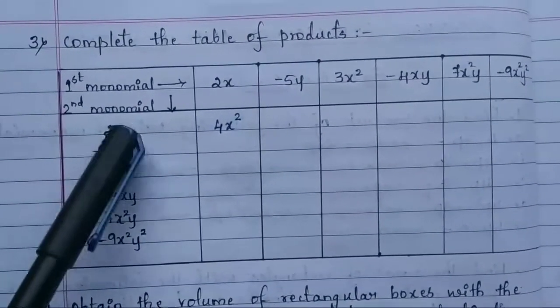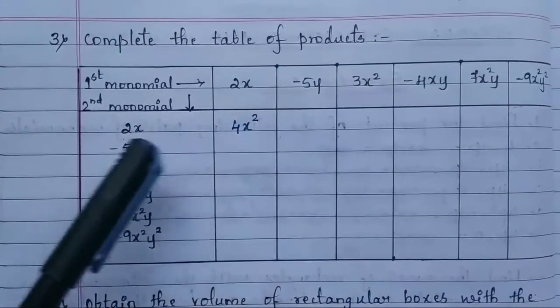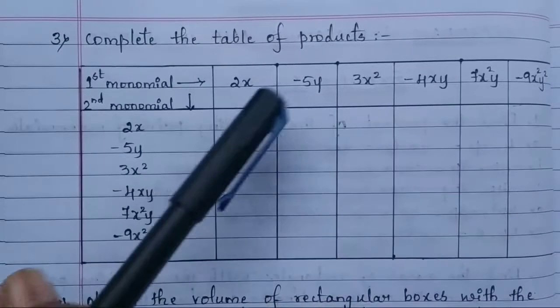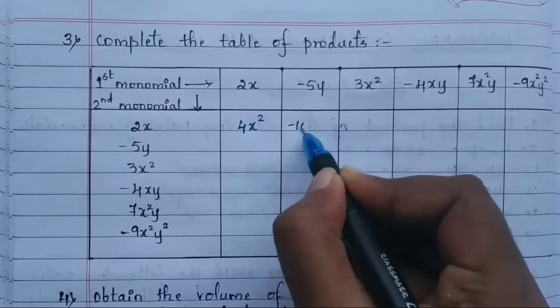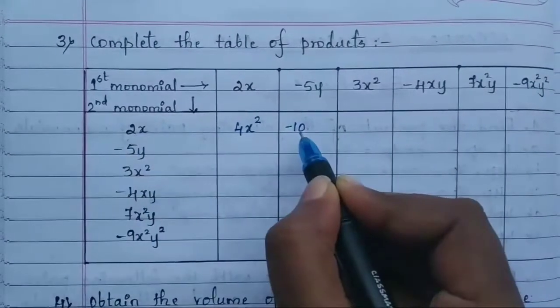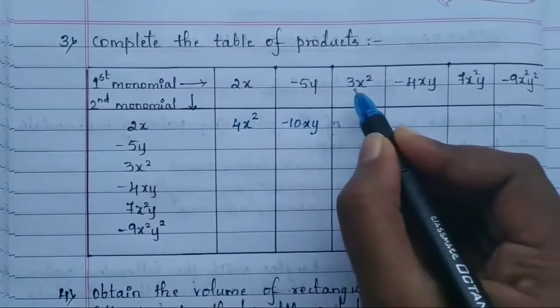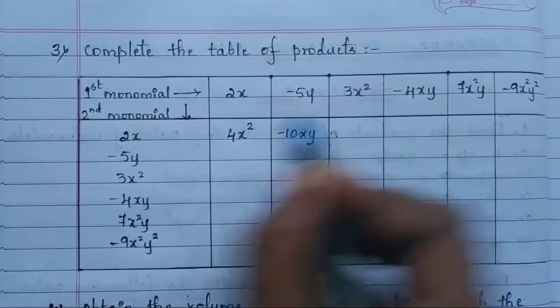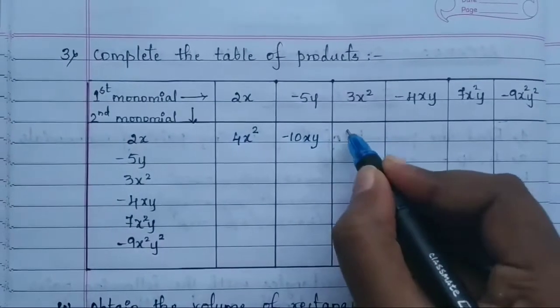Then the second term, we have to multiply minus 5y with this 2x. So minus 5 into 2, we are going to get minus 10, and x into y is nothing but xy. Similarly here, 3x square and 2x is given. 3 into 2 is 3 2s are 6.